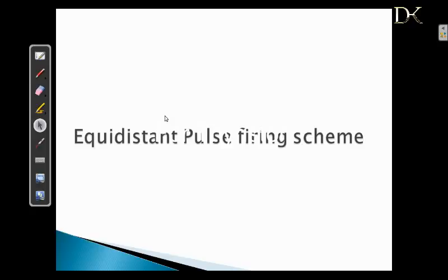The steady state distance between successive firings should be maintained constant in order to avoid undesirable harmonic frequencies in the AC source current. Basically, in the equidistant pulse firing scheme, a single pulse train is generated whose phase can be shifted by control voltage Vc.